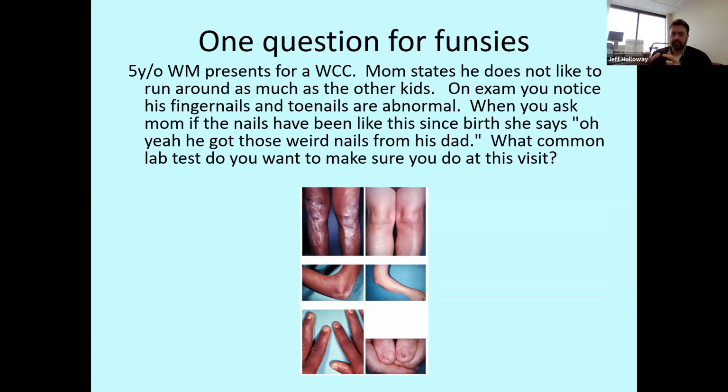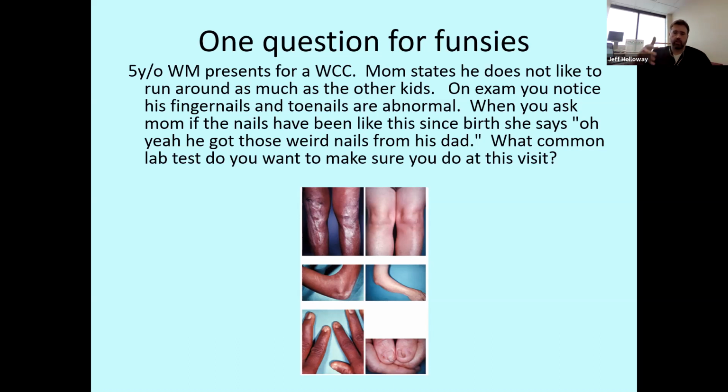So this one is orthopedic related, with the absent patella and the nails. I think we actually had a patient like this where someone just told him, sorry, you just don't have good nails and no patella, but didn't think about whether there was any connection. The lab test you'd want to do is a urine test, because there is some kidney dysfunction with proteinuria related to this.